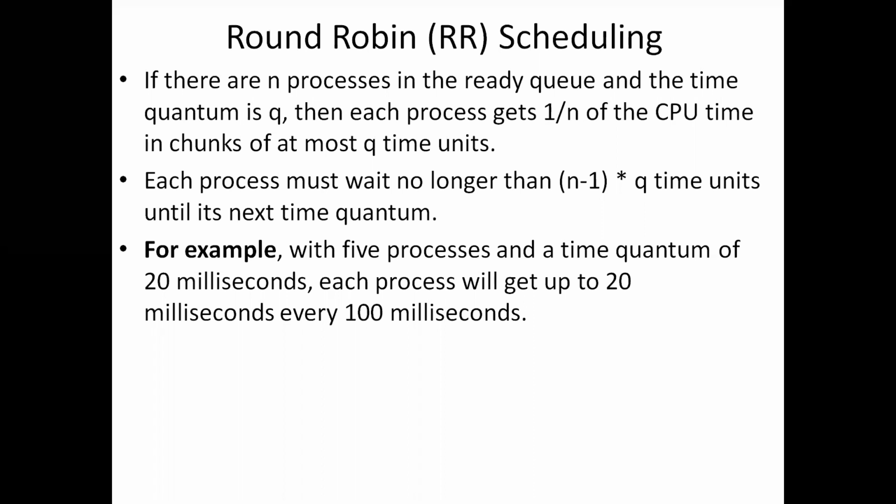After completion of that time quantum, the operating system CPU scheduler will generate an interrupt, then the operating system will allocate the CPU to the next process waiting in the ready queue, and the process which was already executing in the CPU will be preempted and added to the tail of the ready queue. This is round robin scheduling.